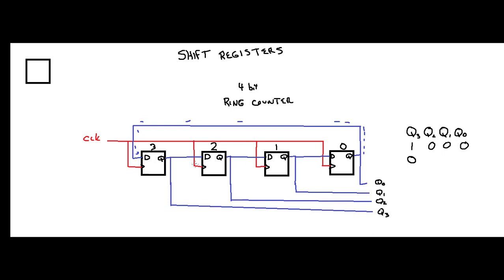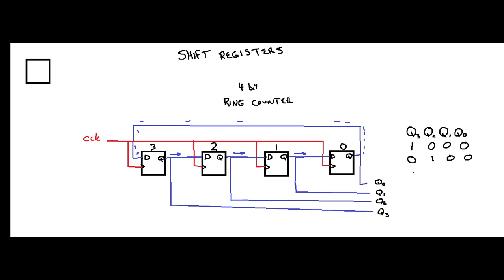Now for all the rest of the bits, they're just going to shift to the right. You see that? So that would be 1, 0, 0. Get it? Now we clock it again.